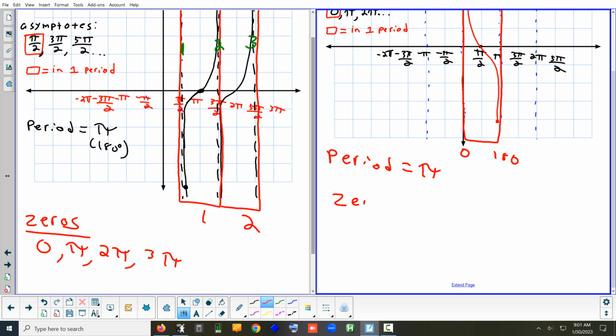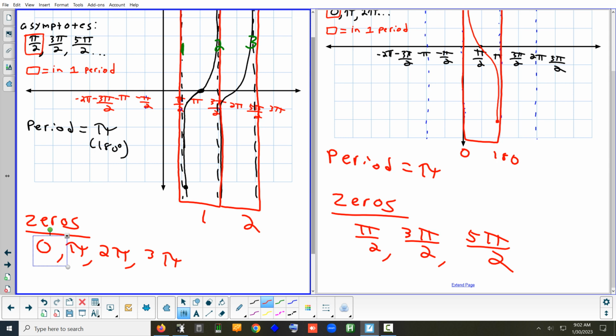Now, let's write down the zeros here. Where does cotangent cross? Pi over 2. Where would be the next one it would cross? 3 pi over 2. And the next one after that would be 5 pi over 2. So these are where it crosses the x-axis.